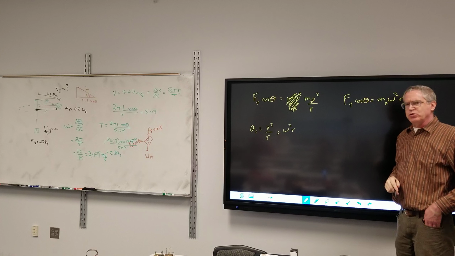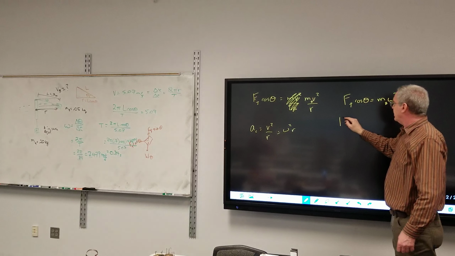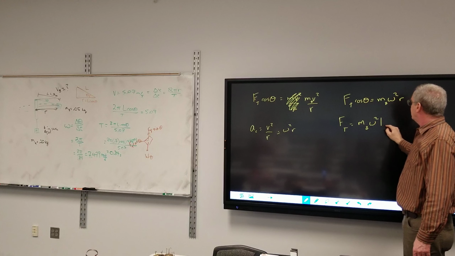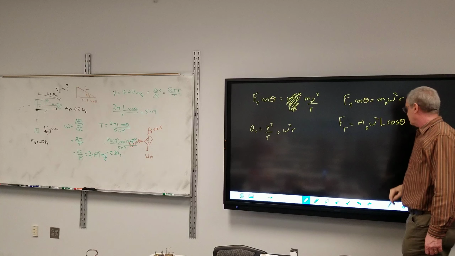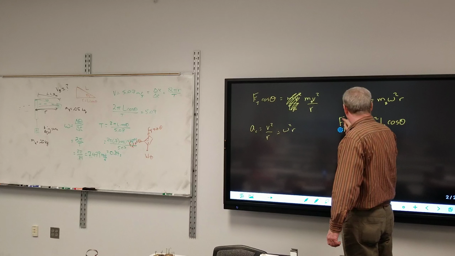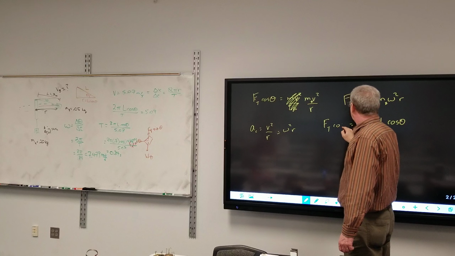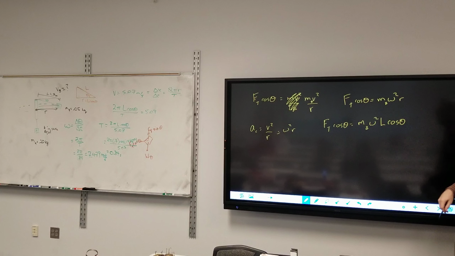When I make my substitution for r, which is L cosine theta, I have Ft cosine theta equals the mass times omega squared L cosine theta.